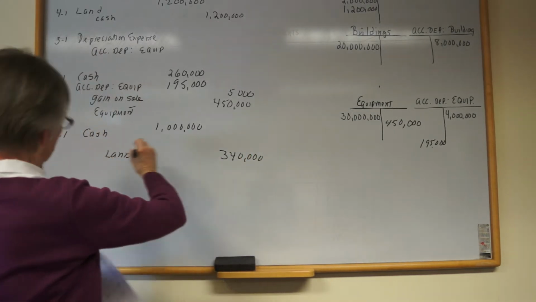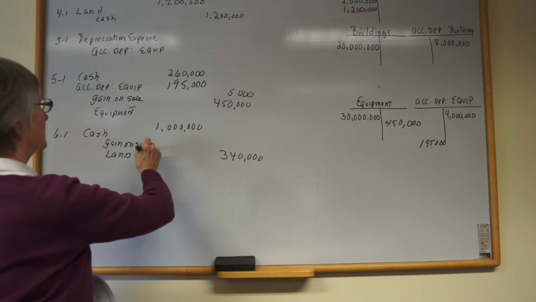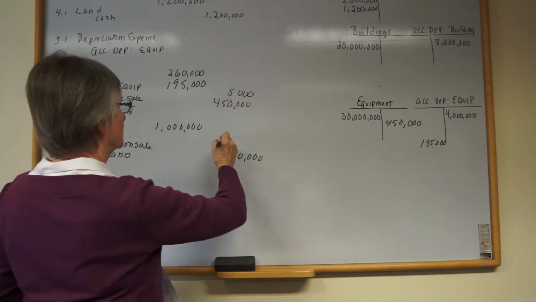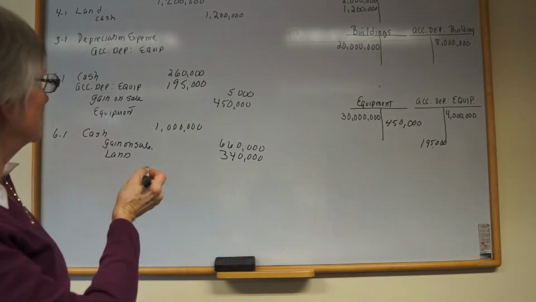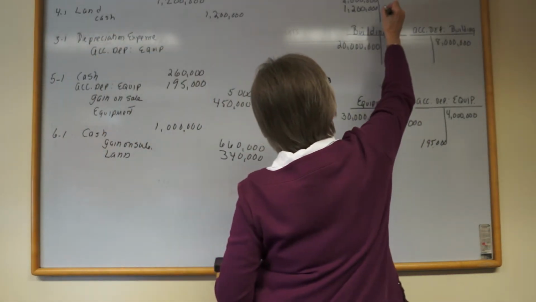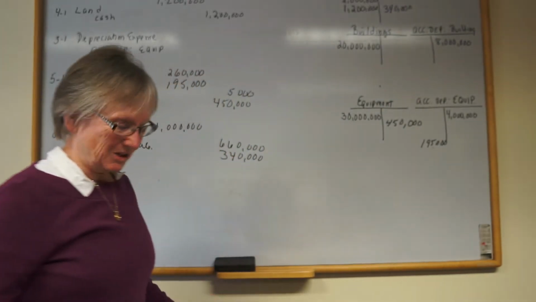So we have a gain on the sale here as well, of $660,000. So we remove the land that we just sold, $340,000. It's easier to keep up with these as you go along.